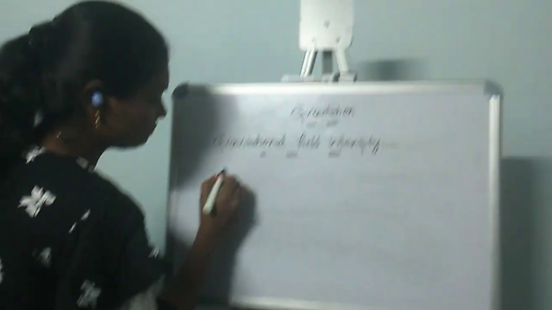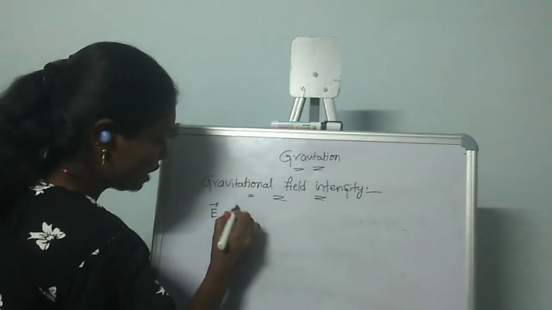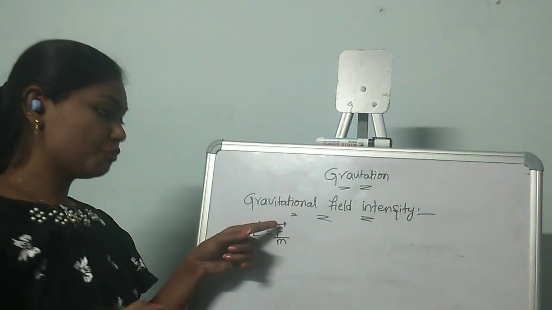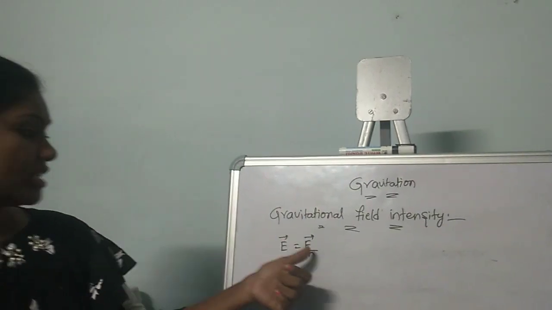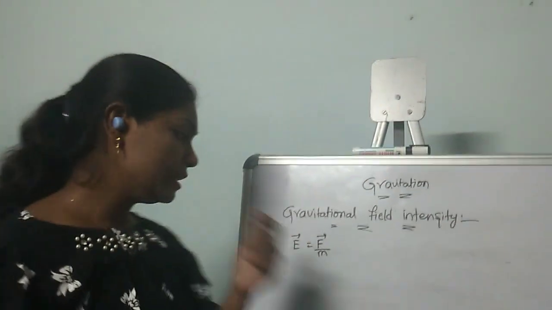We can define the gravitational field intensity as E bar equal to F bar by m. The gravitational force acting per unit mass m is called the gravitational field intensity.